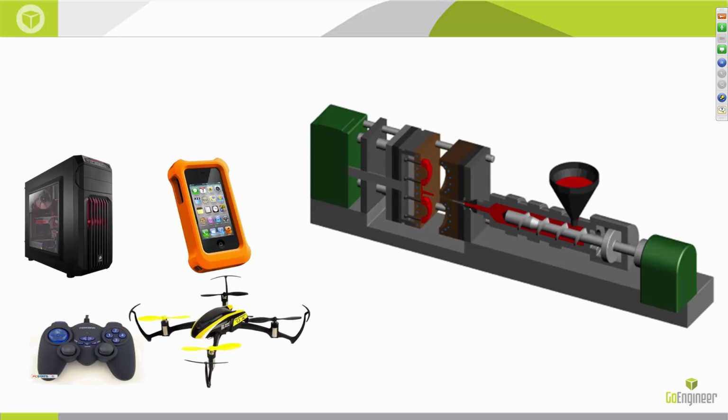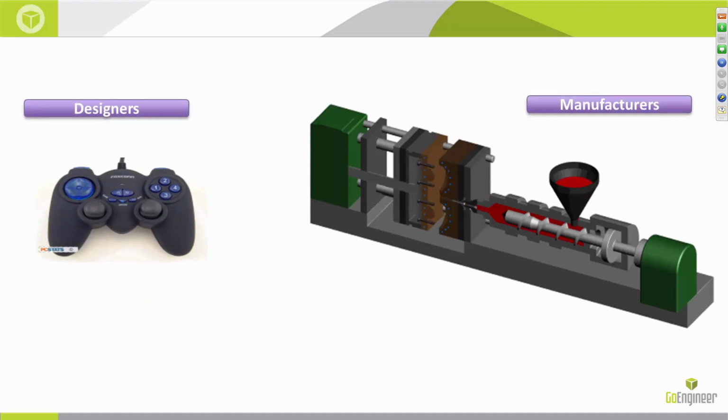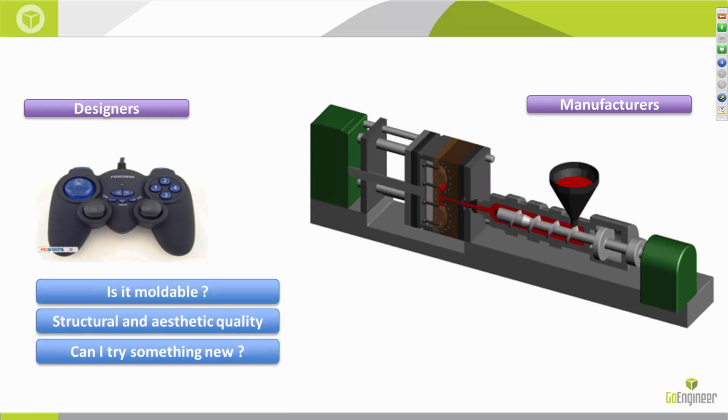So who are the typical stakeholders in this injection molding process? There are essentially two: the people who design the products and the people who manufacture the products. As far as the designers go, they have very straightforward targets for the performance of the plastic products. But why would they need to worry about manufacturability? Because all the crazy features and design geometries that they propose for the functionality of their product need to be manufacturable.